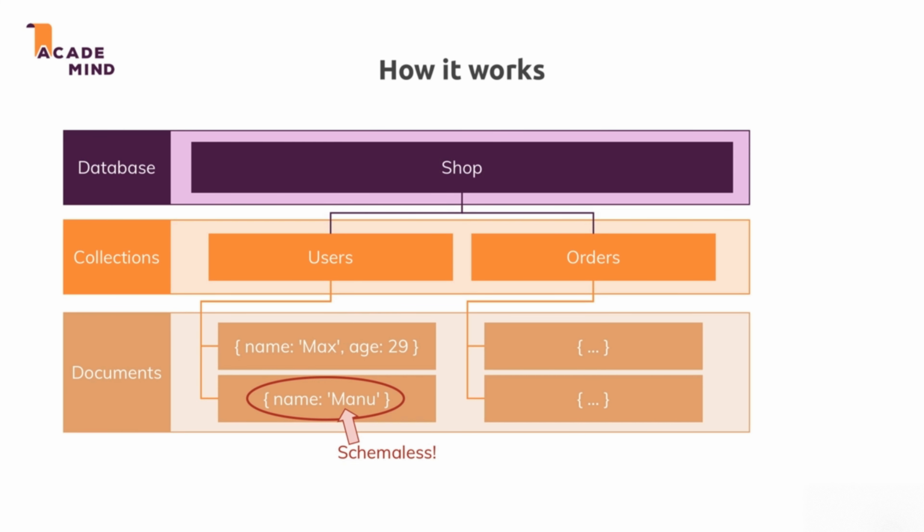Now, here, that is different. Here we can have any kind of data in one and the same collection. Often you will still end up with at least similar structure, but you're not forced to have exactly the same structure. And this gives you more flexibility also for your application to grow and to change its data requirements over time without that being difficult to depict in your database world. So this is one thing.